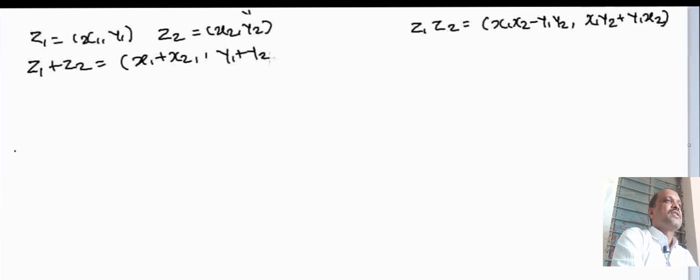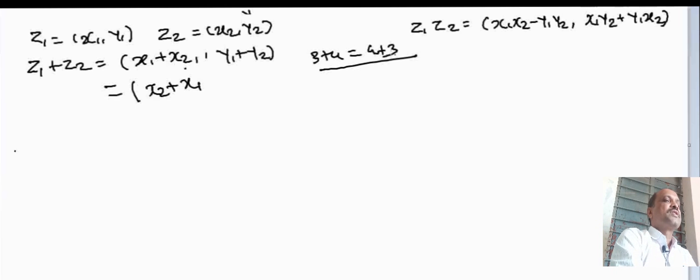Again, x1 and x2 are real numbers, and for real numbers we can write x1 plus x2 as x2 plus x1, since 3 plus 4 equals 4 plus 3, which is known to us. Therefore, for x1 plus x2 we write x2 plus x1, and similarly y2 plus y1.